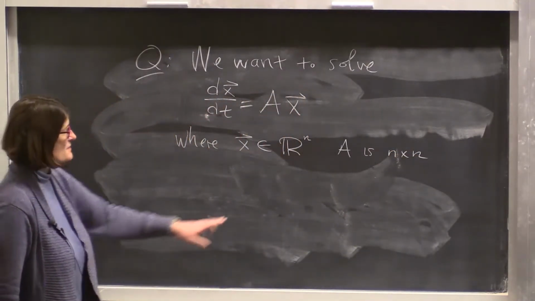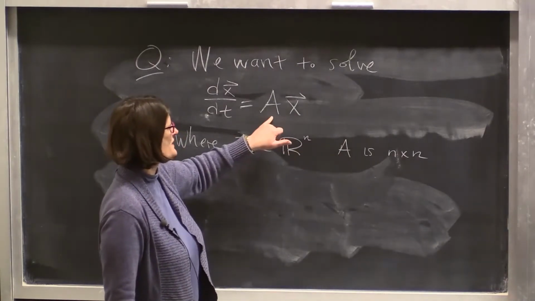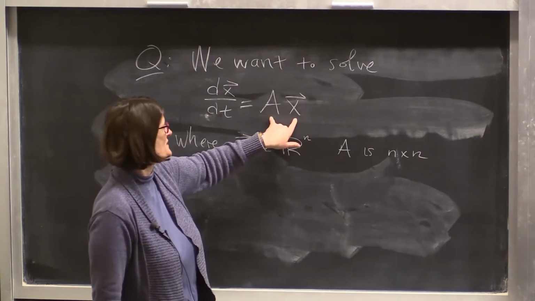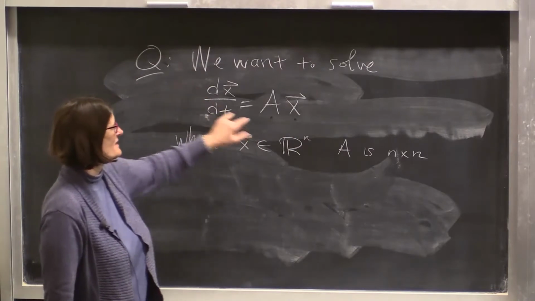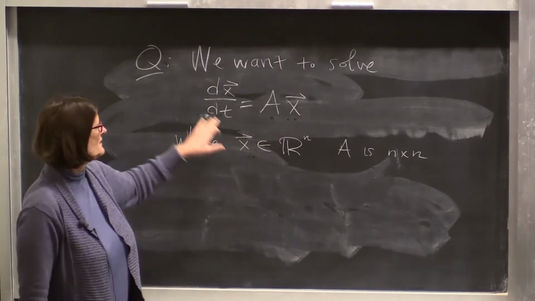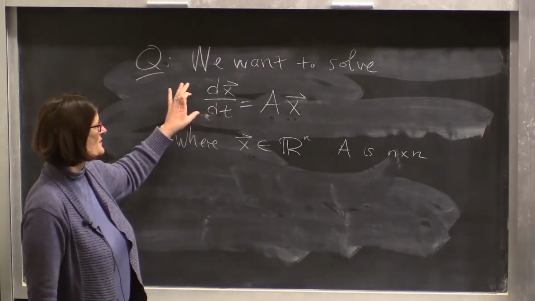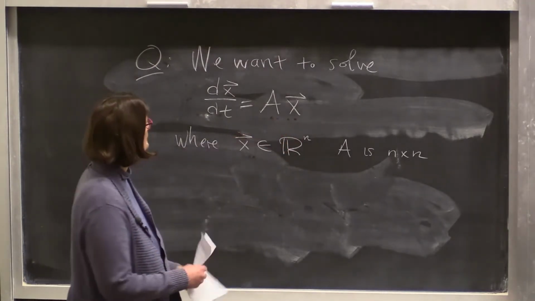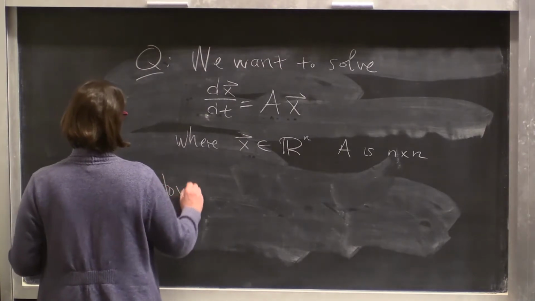The reason A has to be a square matrix is, if A were not a square matrix, then A times x would be a different size than x, and it wouldn't make sense to say dx/dt equals A times x. Because if x is in R^n, its derivative should be in R^n. So if you're going to have something of the form dx/dt equals a matrix times x, this must be a square matrix. And so the question is, how?